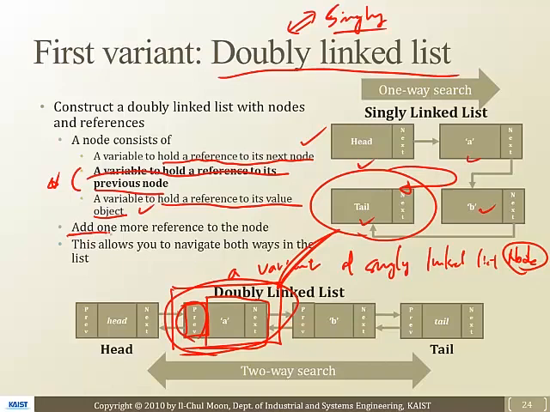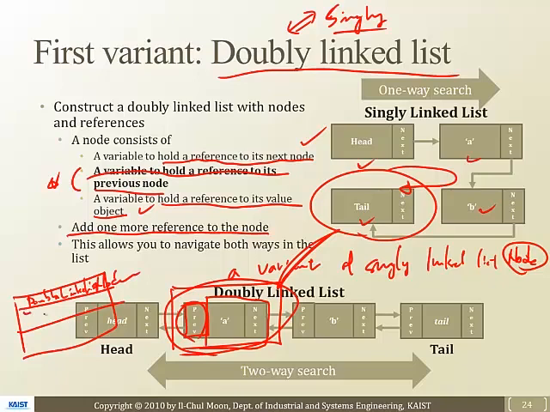So we have to add one more reference to the node, and this allows users to navigate through both ways in the list. In the UML class diagram, you will see this doubly linked list node, right?